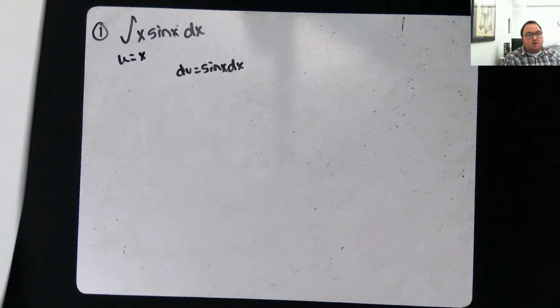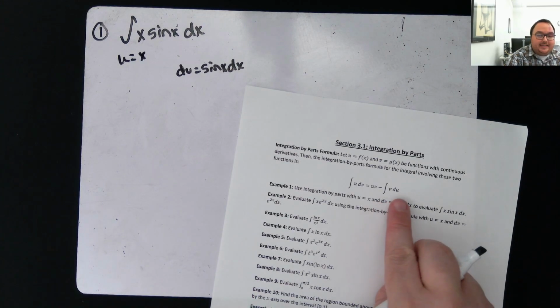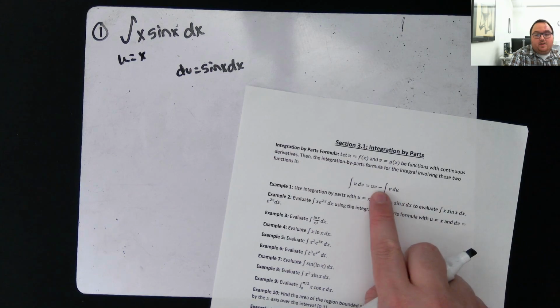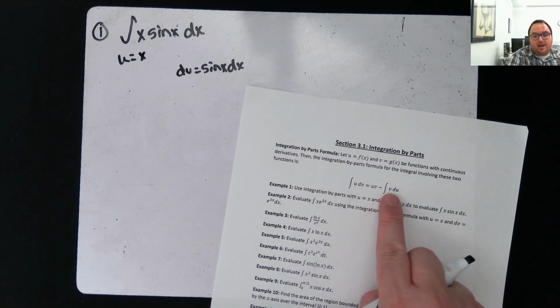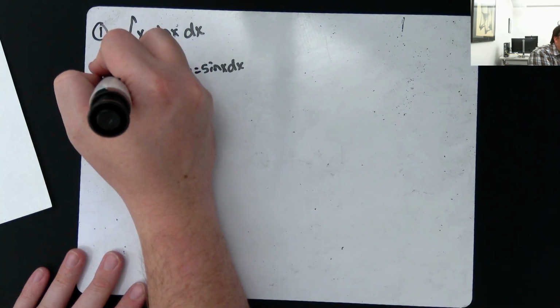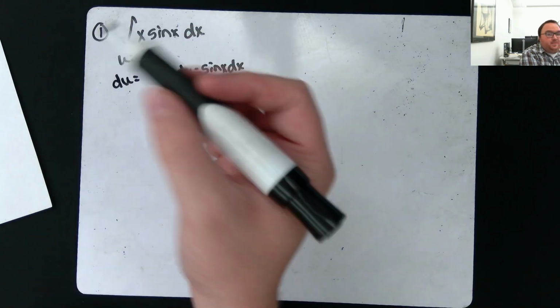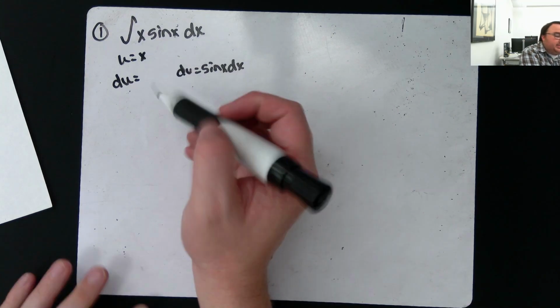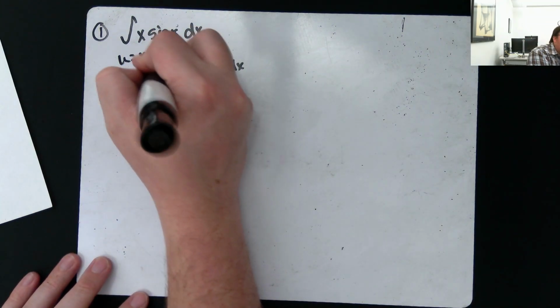So from there, what I still need is the du for this part, and I need the v, which appears here and there. For the du, I'm just going to take the derivative of the u. The derivative of x is just 1 dx.